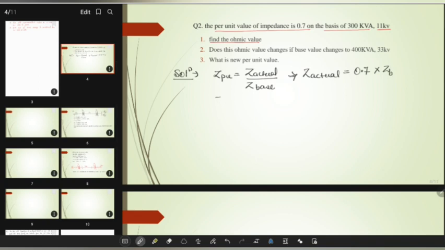So what is the base value? The base value is kV base square divided by MVA base. What is the kV base? The kV base is given as 11 kV, divided by the MVA base. What is the MVA base? That is 300 kVA.